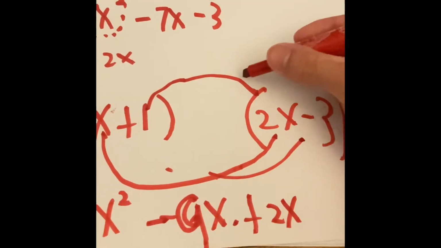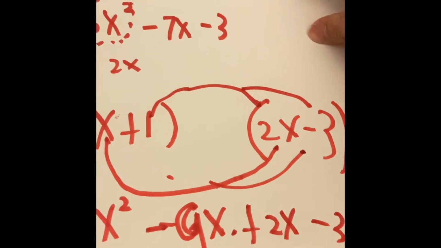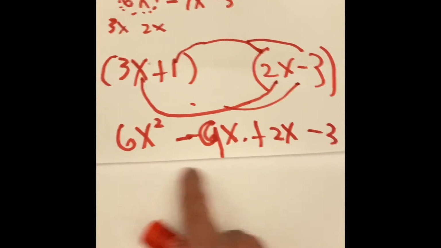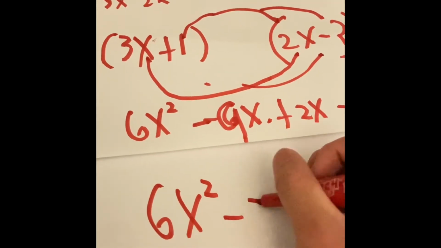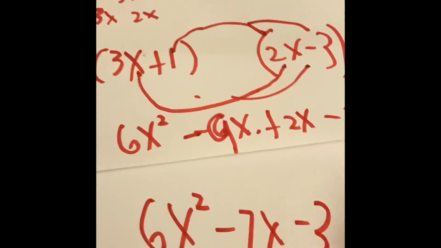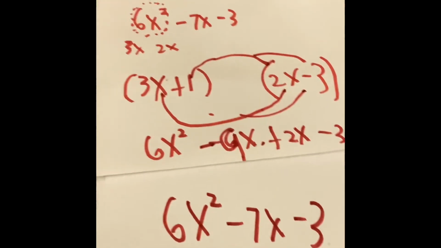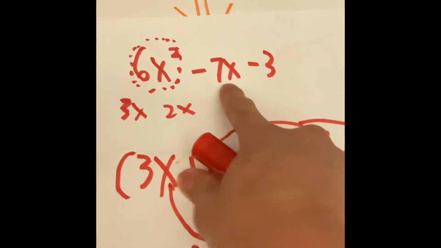And 1 times negative 3 is negative 3. When we do that, we get the standard form for this expression, 6x squared minus 7x minus 3. Mission accomplished.